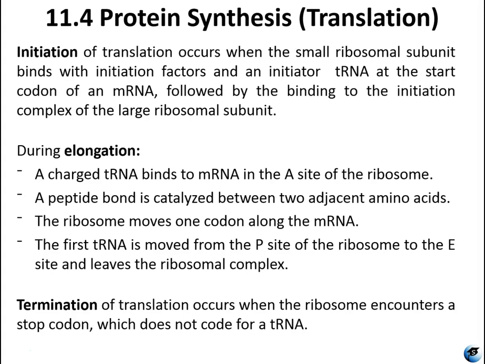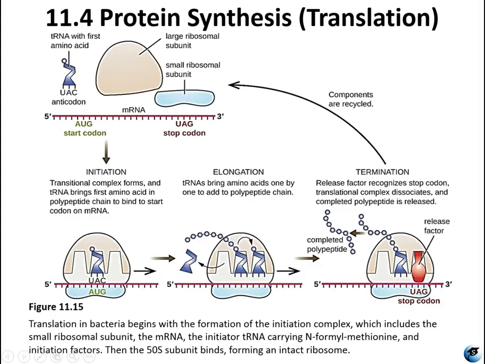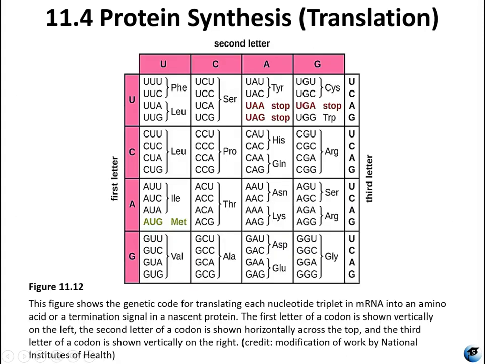The whole process terminates when the ribosome encounters a stop codon. And a stop codon is a codon that doesn't code for anything. So the reaction essentially stops. Okay, so here back in 1112, these are examples of stop codons. Okay, so when the ribosome encounters one of those codons, it terminates translation.